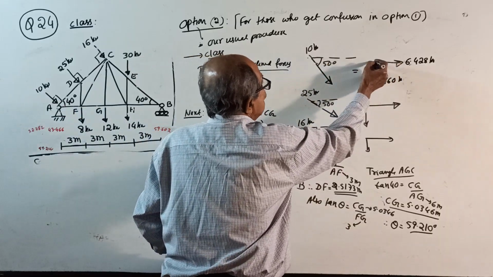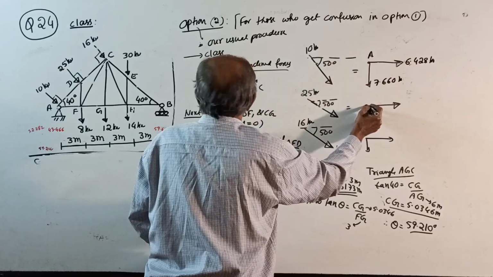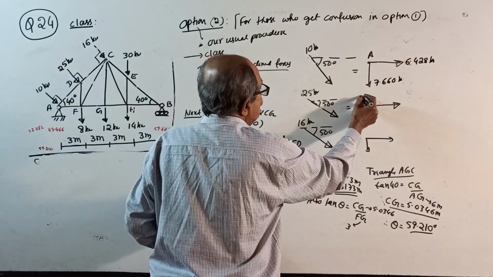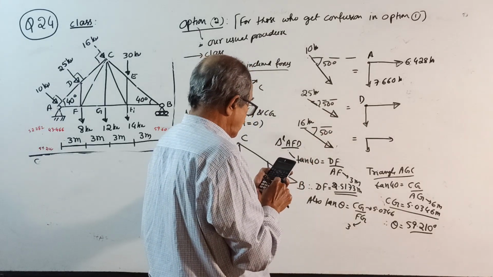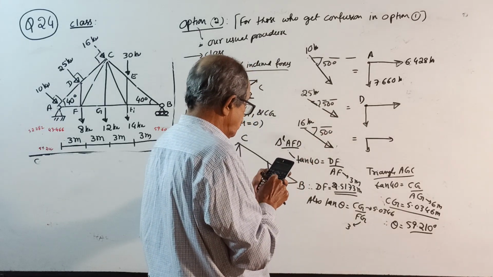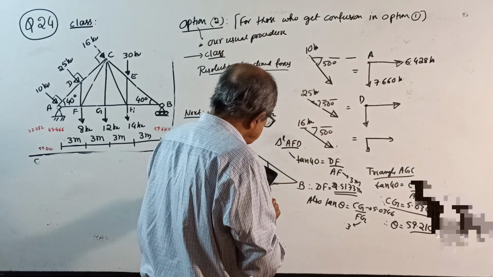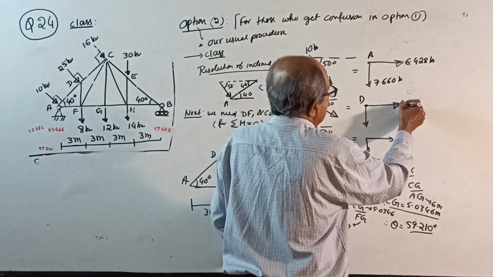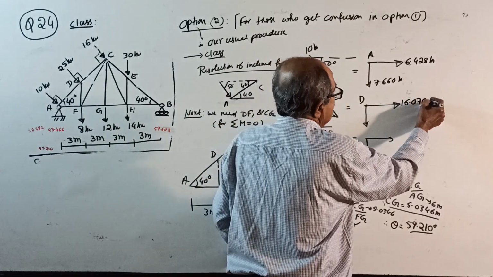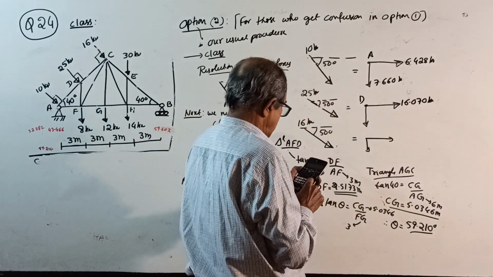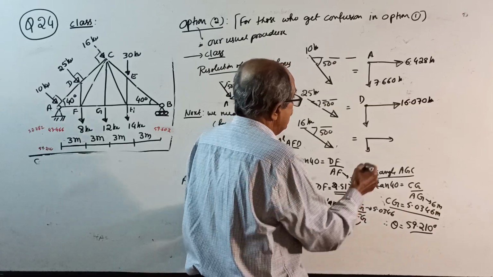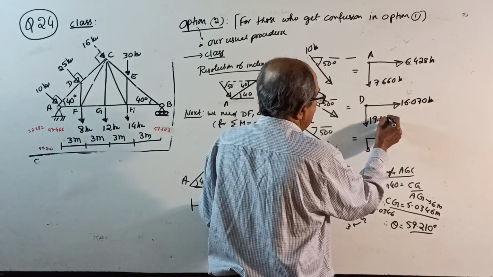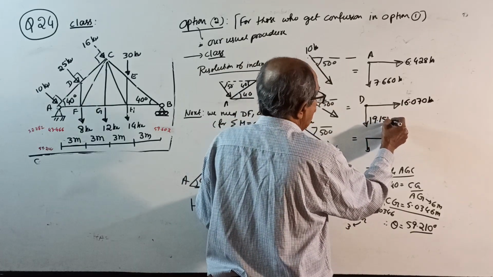Through the point A. Then through the point D, what will I do? 25 kilonewton: 25 into cos 50 is 16.070 kilonewton, and 25 into sin 50 is 19.151 kilonewton.